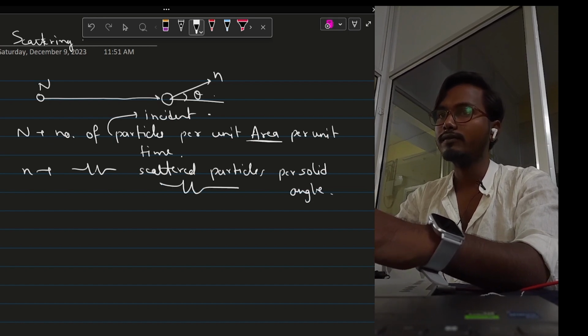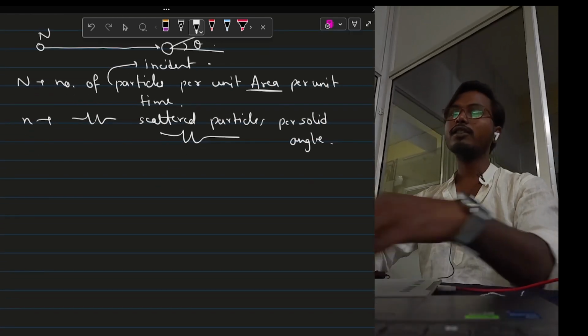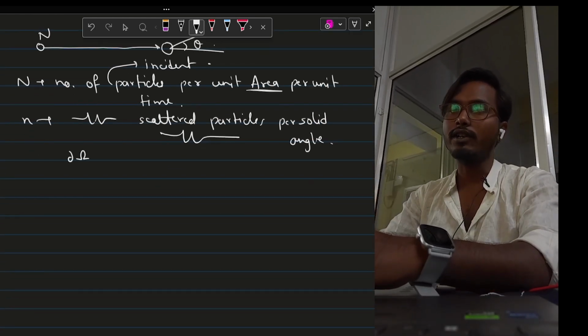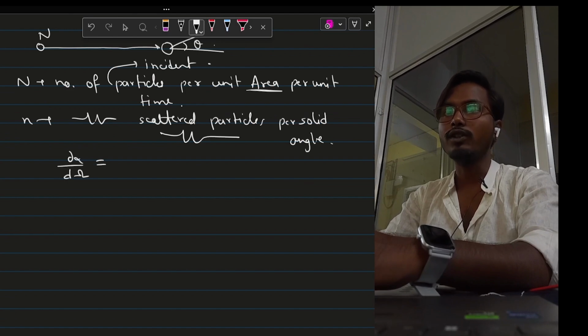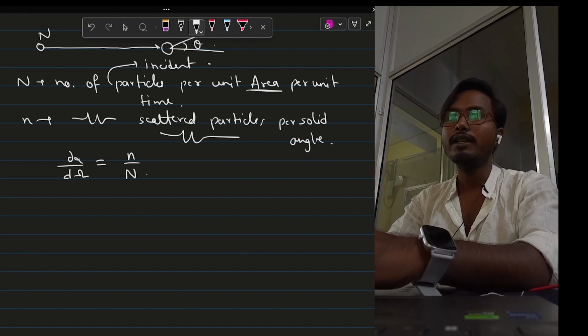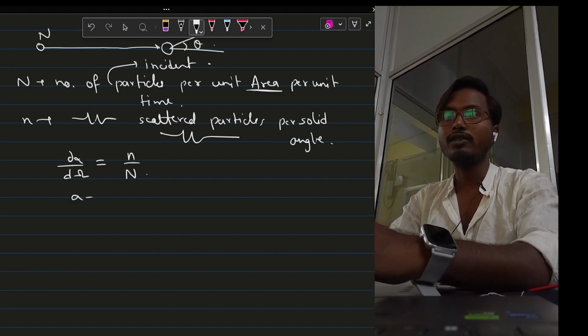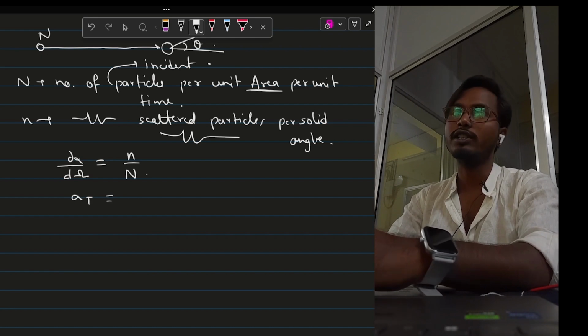Solid angle. Another term we define is the differential scattering cross section. What is the differential scattering cross section? Basically it is the ratio of small n by capital N. Then we have to define another term, the total scattering cross section. What is the total scattering cross section?